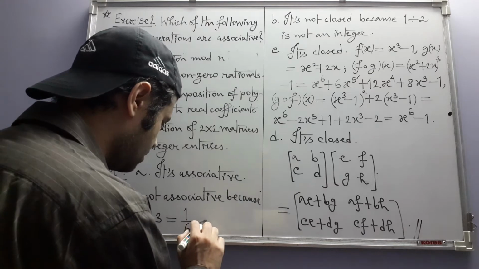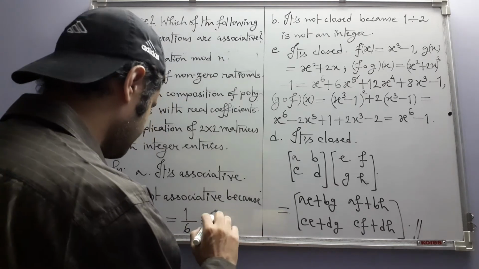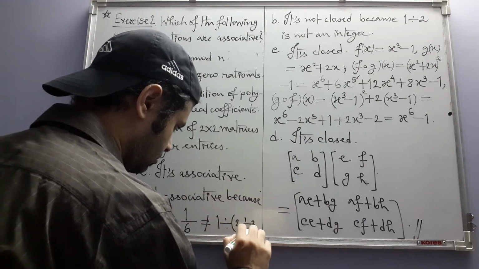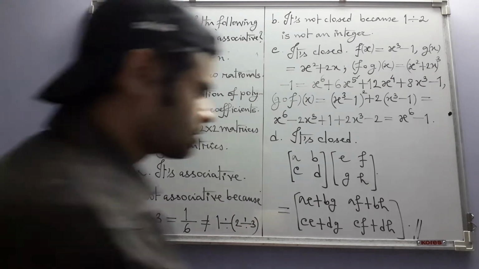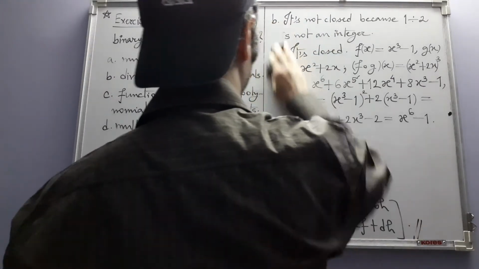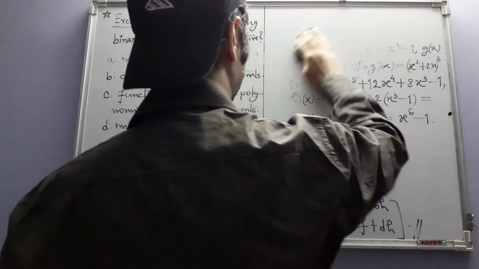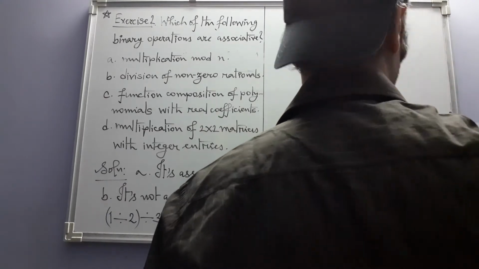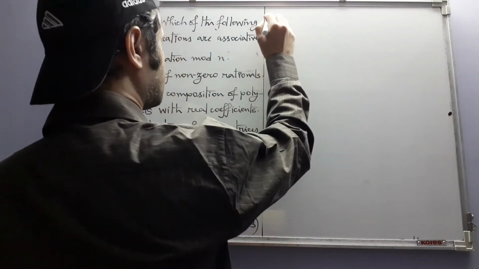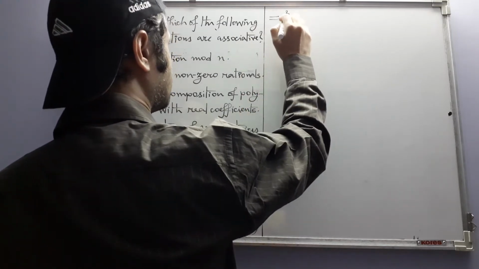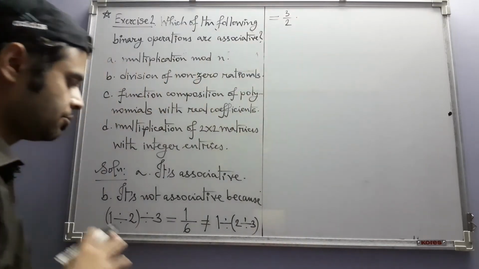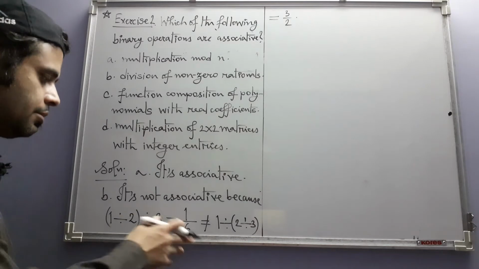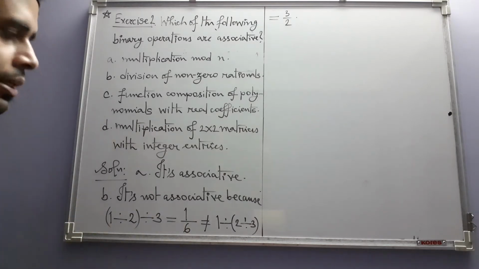However, this is not equal to this thing, because this second one is something else. This is equal to 3 divided by 2, and 3 divided by 2 and 1 divided by 6 are different rational numbers. They are rational, no doubt, but the operation is not associative.